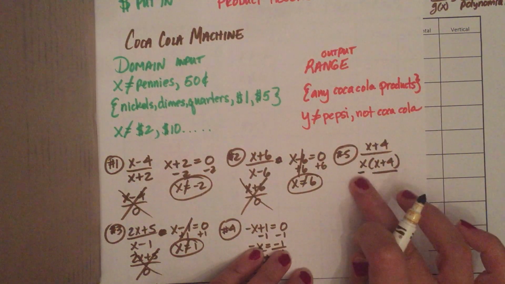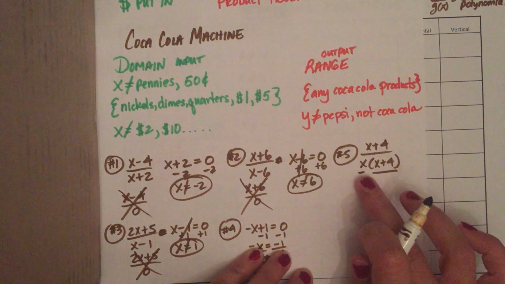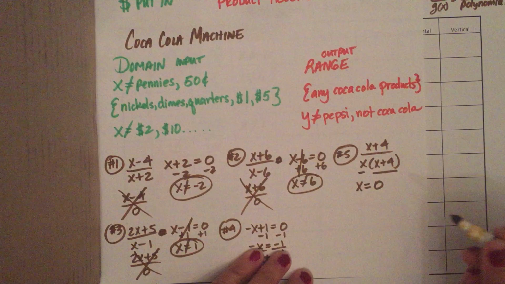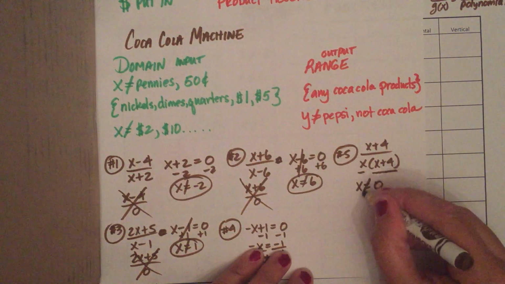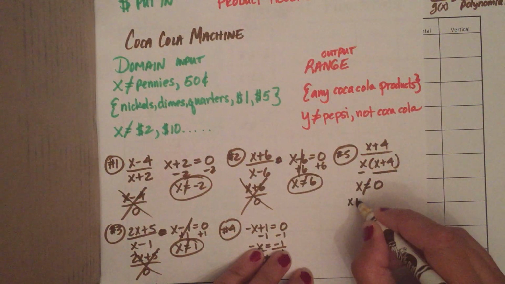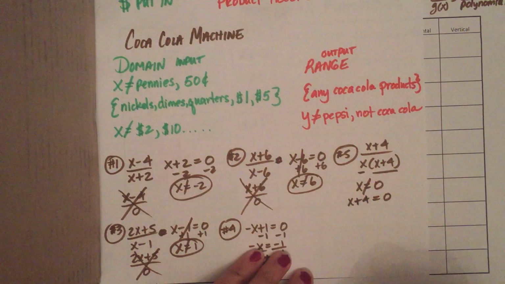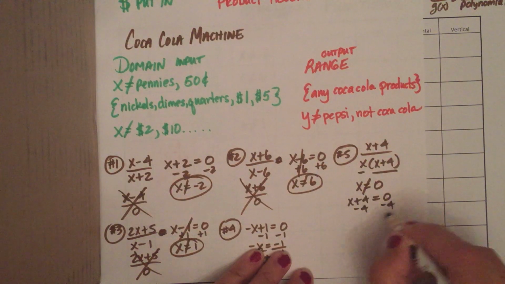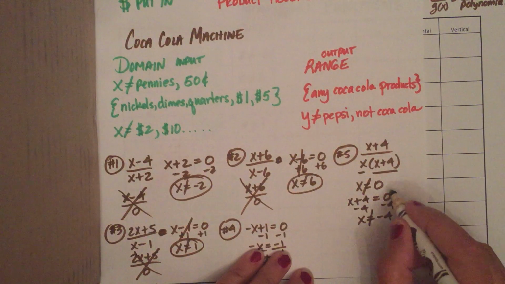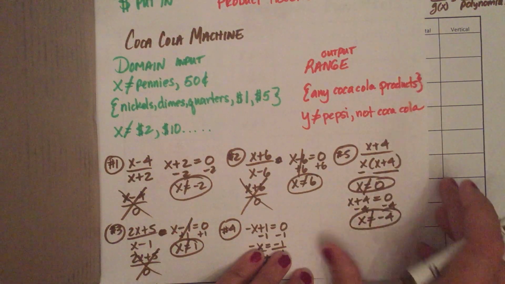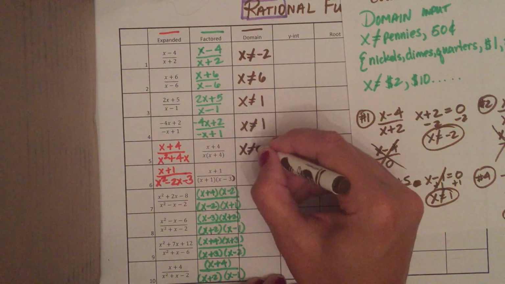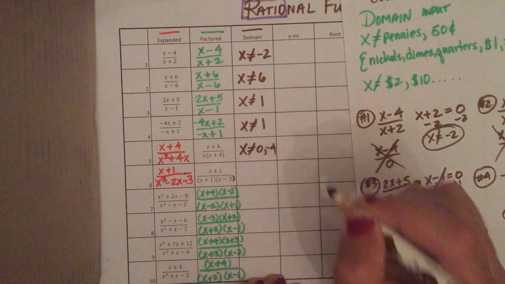I have to figure out what makes each of these factors equal 0. The first one is x. Well, that's easy. If x is 0, there's nothing to set it equal to, so x can't be 0. The next one is x plus 4. How would we make that a 0? Well, I have to subtract 4. That means if x comes out to negative 4, that would be 0. So you've got two situations that don't work. So x cannot equal 0 or negative 4.